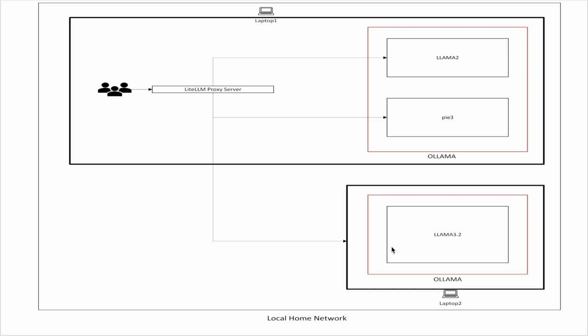All these things are possible using LLM gateways or LLM proxy servers. In our upcoming videos we will cover each topic in detail, but for now we will just see the basic functionality of the proxy server, how it works, and how we can access these models.